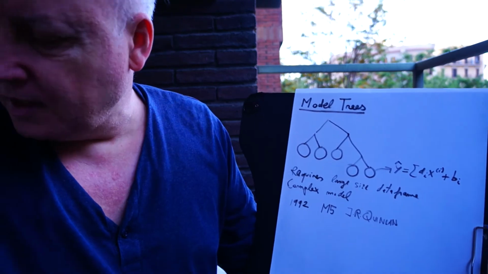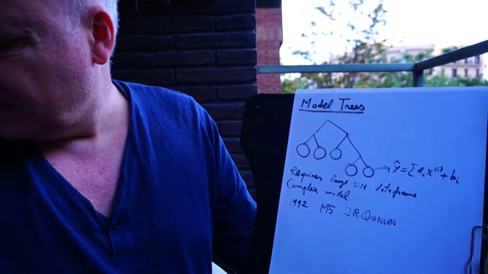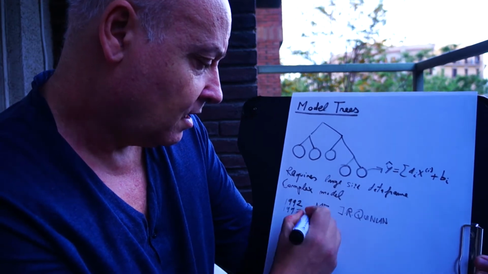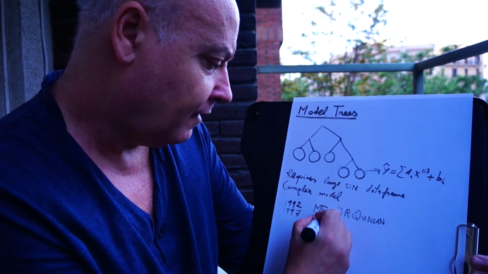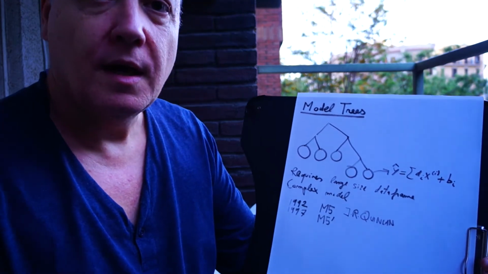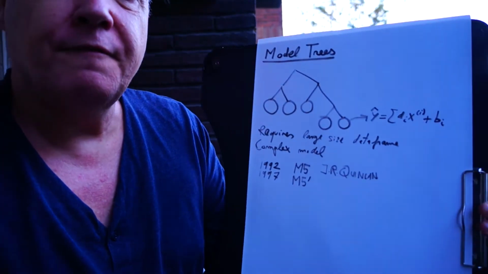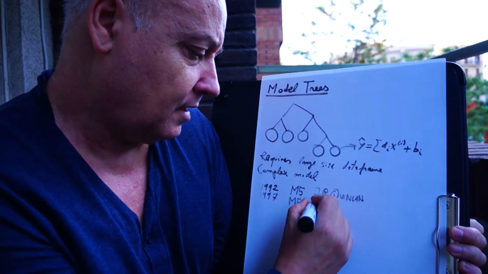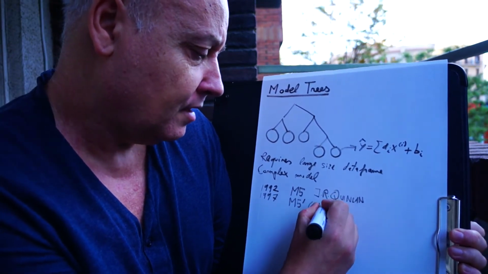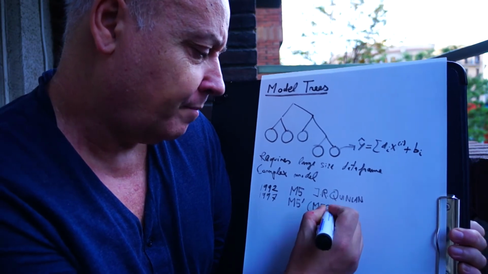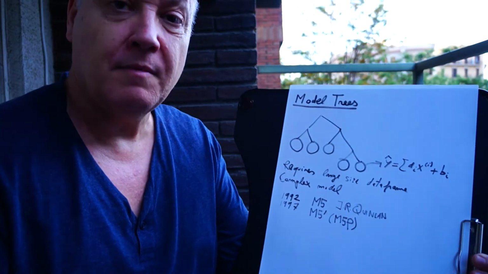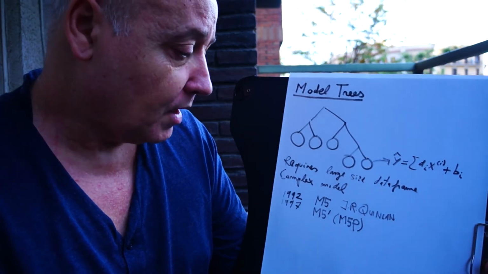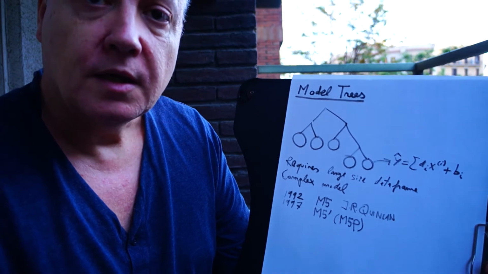And then there is an improvement in 1997, which is called M5 prime. You'll see that in R the name is written M5P for P for prime. So this is the model we would use in the example.